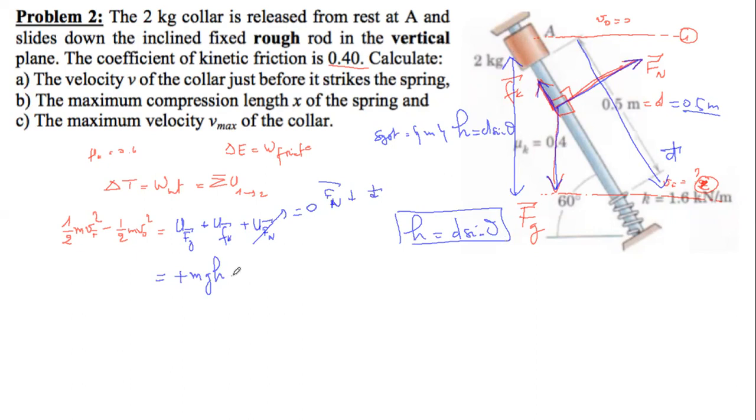And the work of the frictional force is minus mu k Fn d. So I have plus mg d sine theta minus mu k. What is Fn?